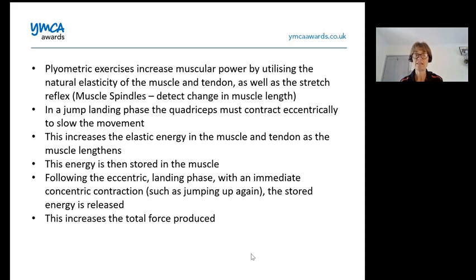So in a jump landing phase, the quads must contract eccentrically to slow the movement. This increases elastic energy in the muscle and tendon as the muscle lengthens. This energy is stored in the muscle, and following the eccentric landing phase with an immediate concentric, such as jumping up again, you can then use that stored energy and release it to create a more powerful force in total.